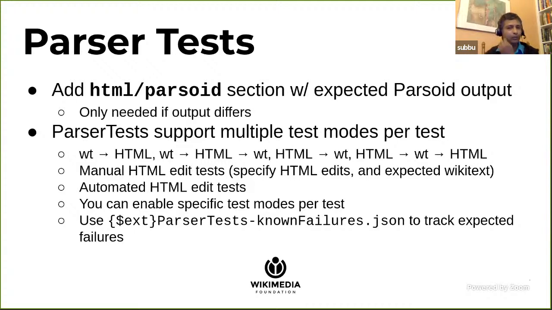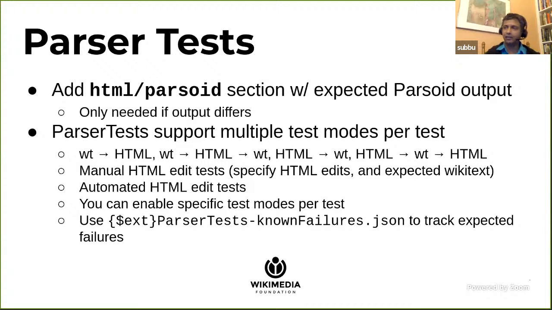But otherwise, if your output differs in any way, then you need to add an HTML Parsoid section. Parser Test also supports multiple test modes per test. Initially, you don't need to support all these modes. You only care about wikitext to HTML.